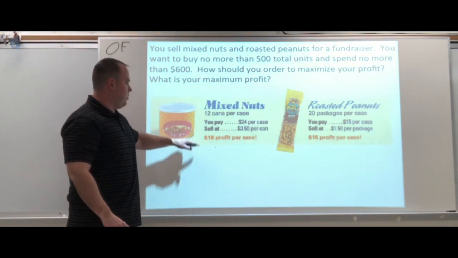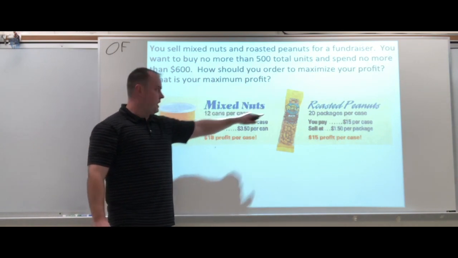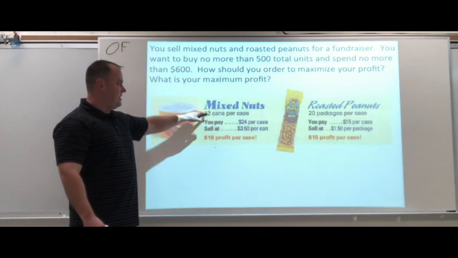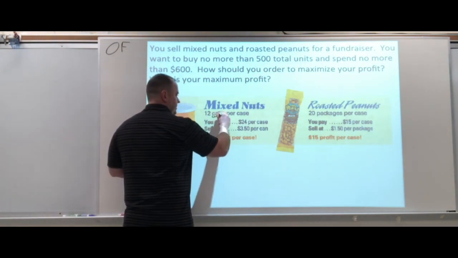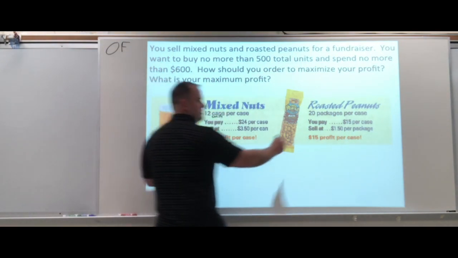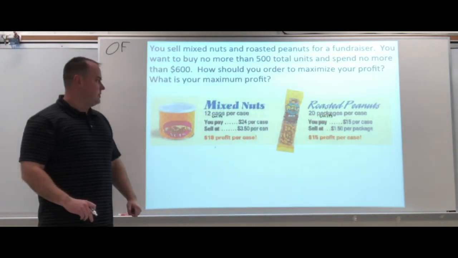Here's the information for each one. When they say 12 cans per case, 20 packages per case for the mixed nuts and the roasted peanuts, these are the units. Each case has 12 units of mixed nuts and 20 units for the roasted peanuts.